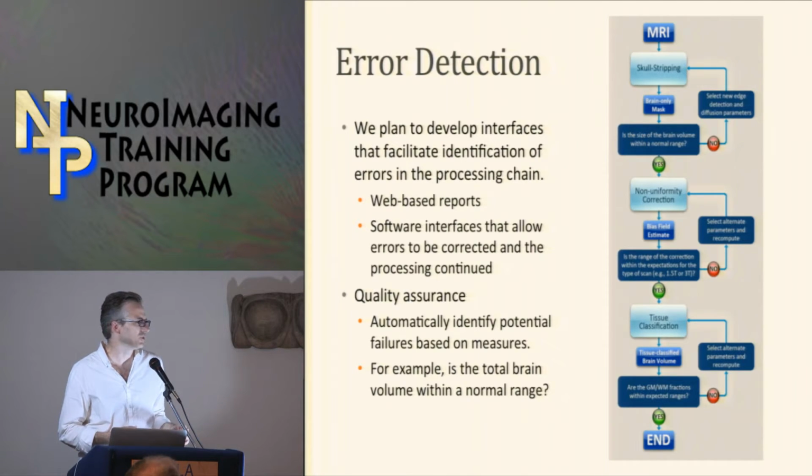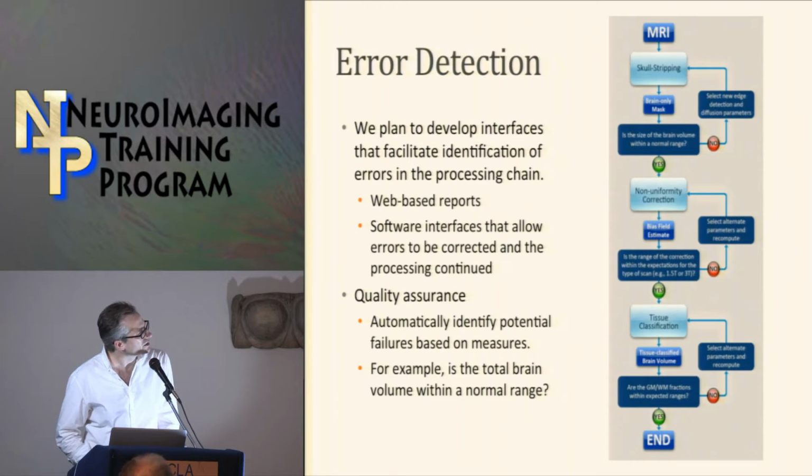So for example, if you're looking at the brain extraction, you might look at the total brain volume. Obviously, if it's only 100 cubic centimeters, then you probably did something wrong. If it's large enough to be the whole head, you probably did something wrong. Or it's possible that you have a really abnormal subject. In any case, you'd want to flag those results automatically and go back and review them.